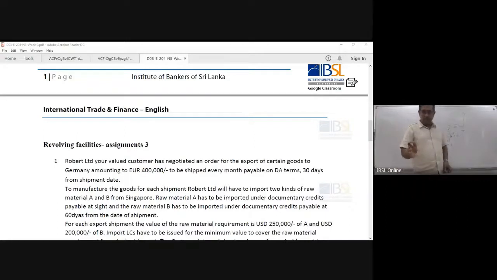If retiring is too much of a word, you can say settle. For the purpose of retiring usance import bill. Right.